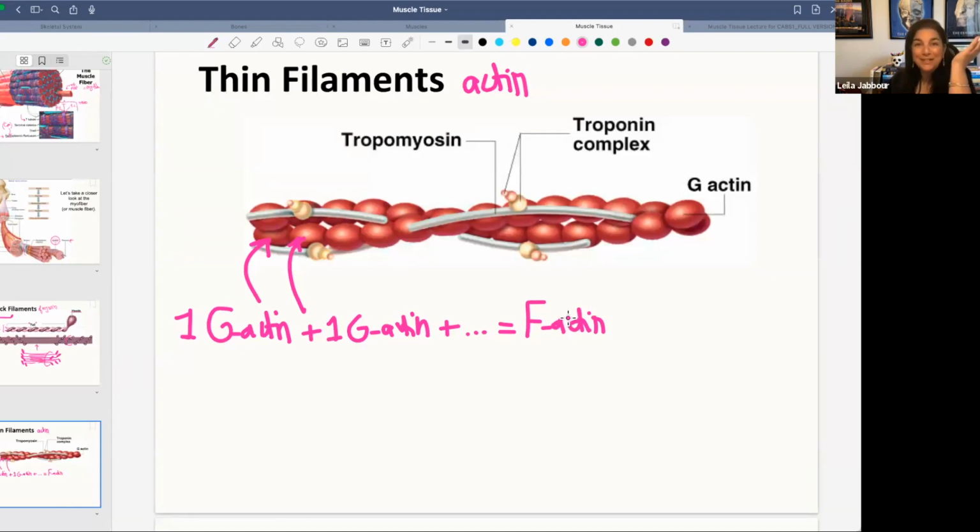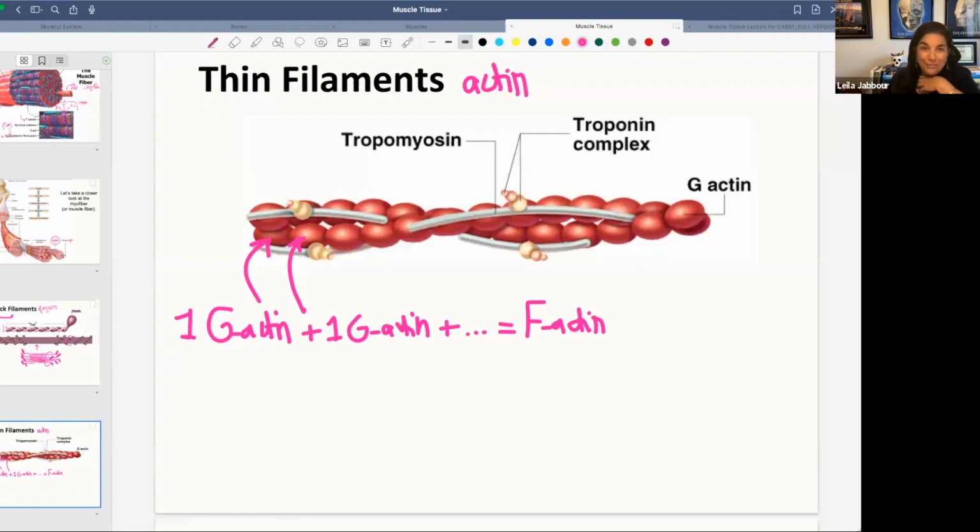F for filamentous, because actually we end up with a very long molecule. The individual monomers are globular, and when they assemble together, they form this long filament. So it's like a pearl necklace that is kind of not closed, but just kind of open and laid flat, and you have all of these pearls of G actin, and they form F actin.